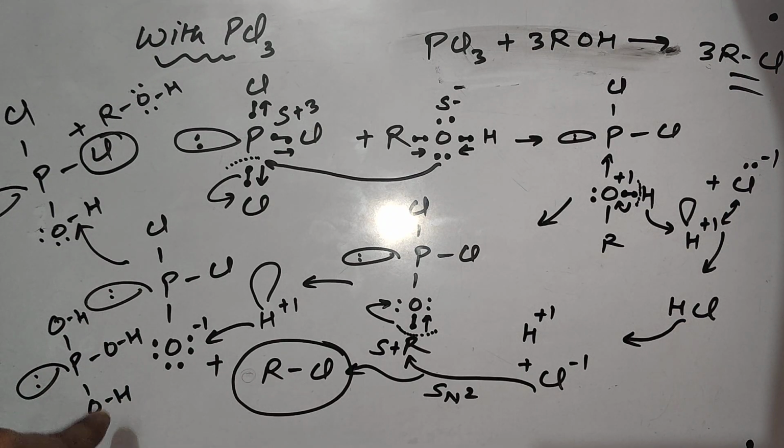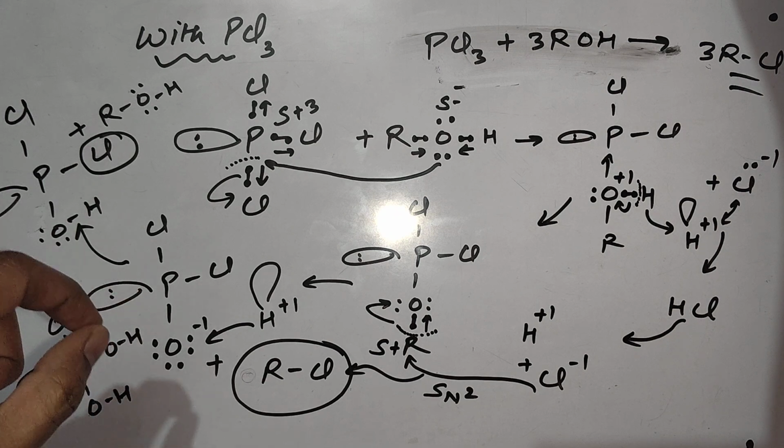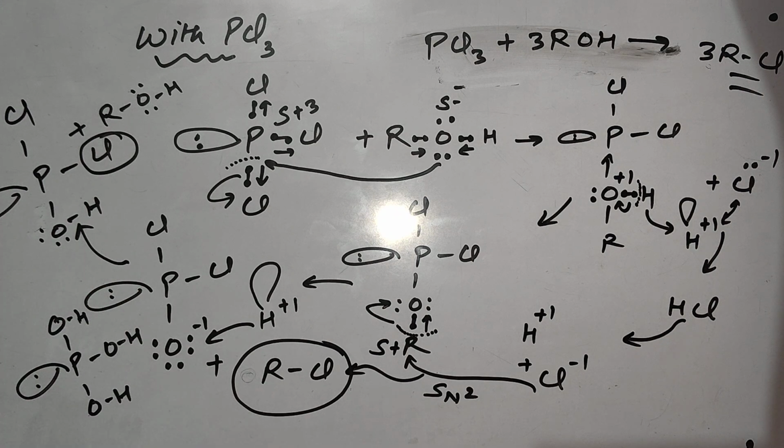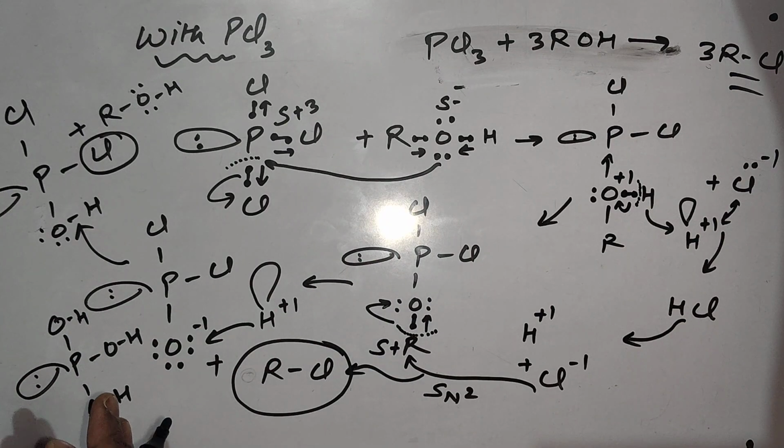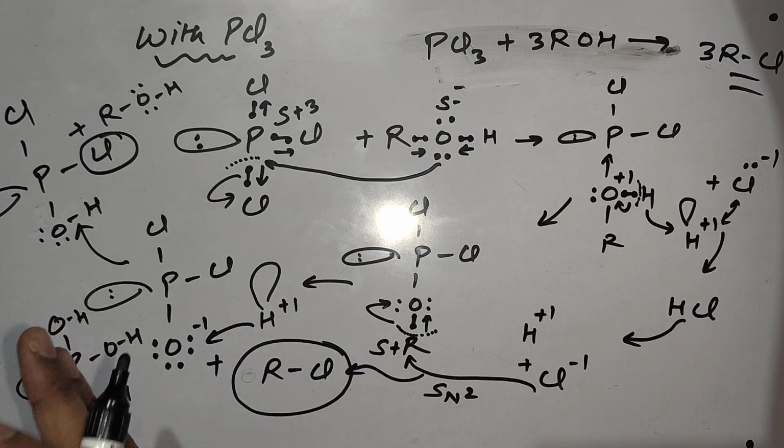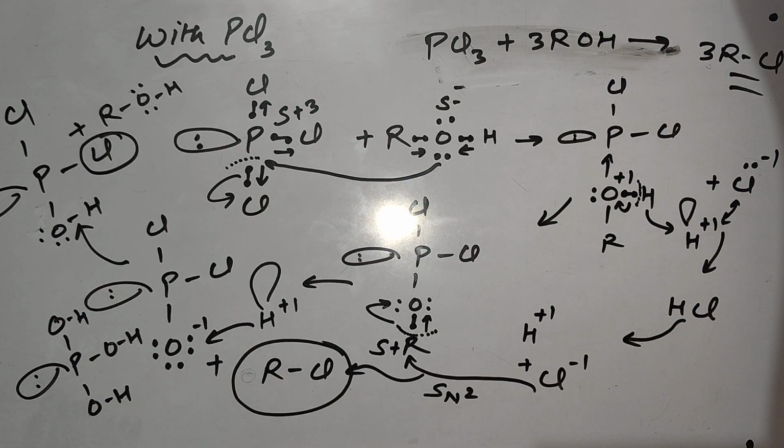So this is known as H3PO3, phosphorous acid. So this is the mechanism of how alcohol reacts with PCl3 and creates RCl and the side product phosphorous acid H3PO3. In the next video, we will check how PCl5 reacts with alcohol. Thank you very much.